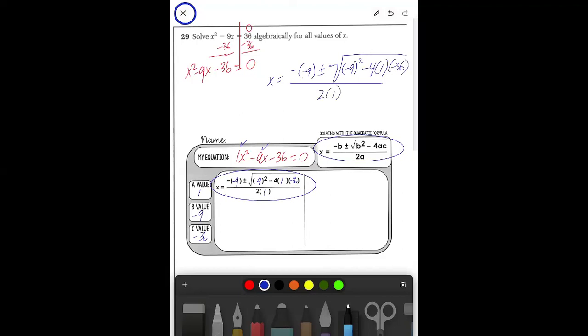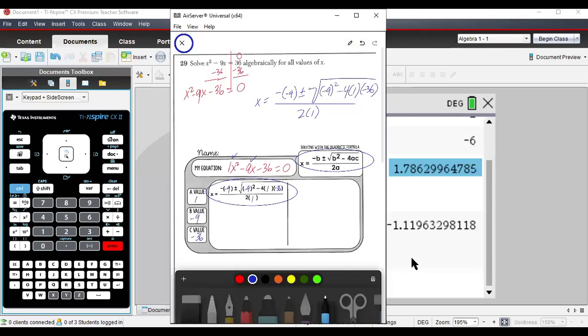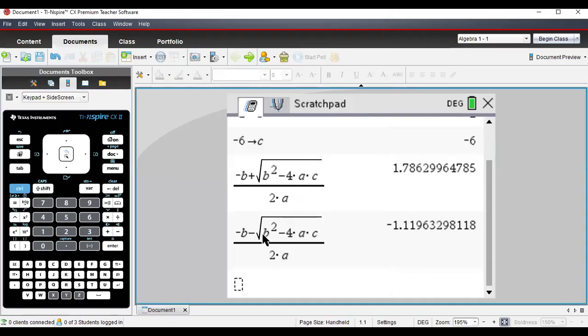Now, once you've done that, we're going to use the calculator to actually find out what the zeros are. This was from my first video. And what I want to show you is once you've typed in your quadratic formula, you can reuse it. So all you have to do is change the a, b, and c values.